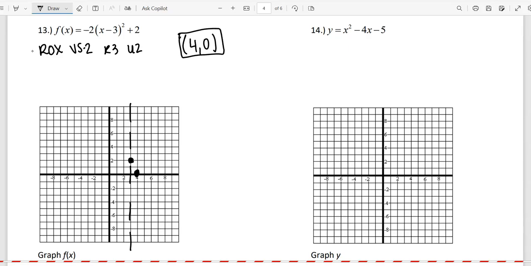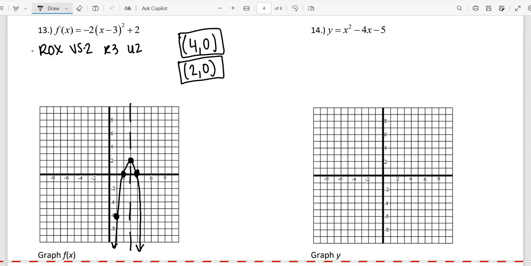And then my other one, my reflection point to that, would be 2, 0. 3 points is enough, so good. If you wanted to put another one, you could.